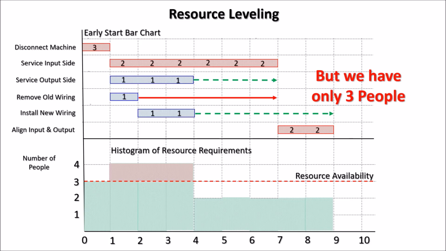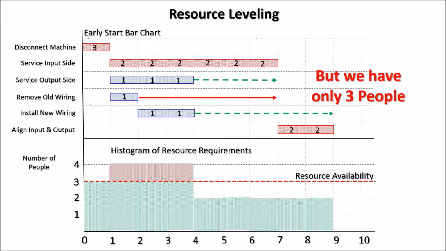The area in red, the peak on the histogram, is a resource requirement that is above the availability. What that means is we need more people than we have between hour 1 and hour 4. We need 4 there, and we only have 3.